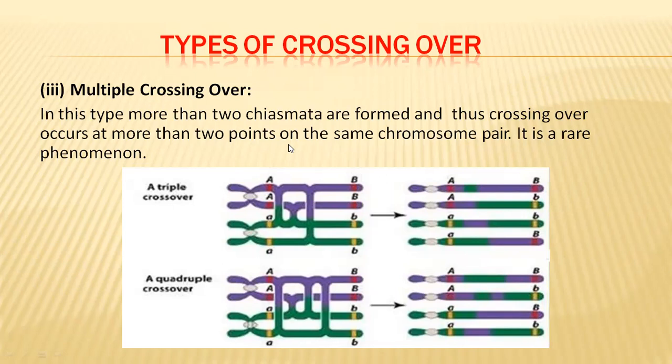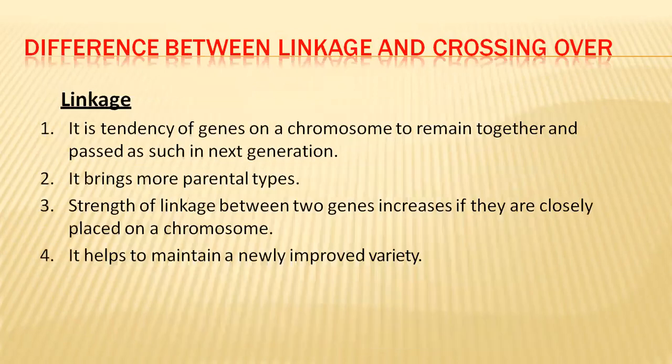In multiple crossing overs, more than 2 chiasmata will be formed, usually 3 or 4. This results in very, very rare conditions, so very rarely it will be seen. In this also we can see complementary chiasma and reciprocal chiasma.